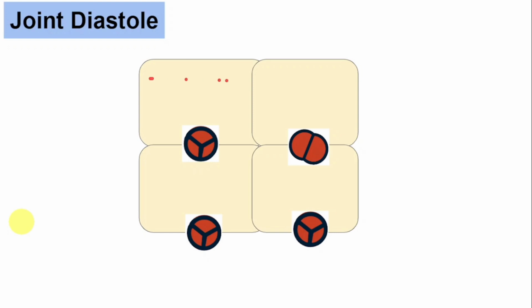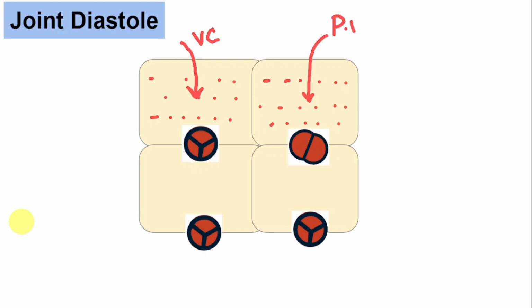Blood will fill in all the chambers. This is the vena cava and this is the pulmonary vein. Blood flows in, and because these valves are open, blood will go further down into the ventricles. So the ventricles will also get filled with blood. At this point of time, these valves are closed.